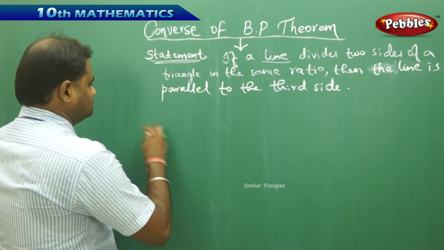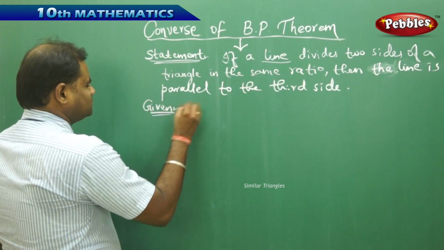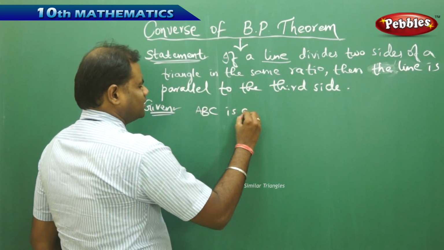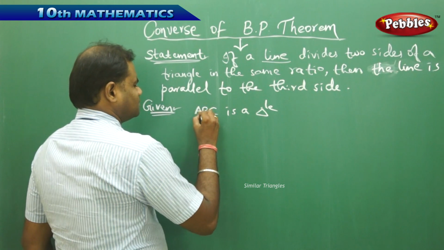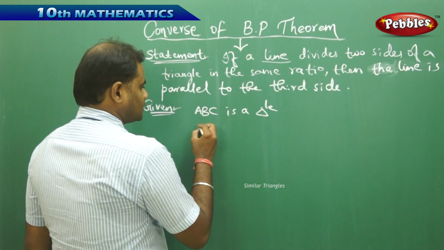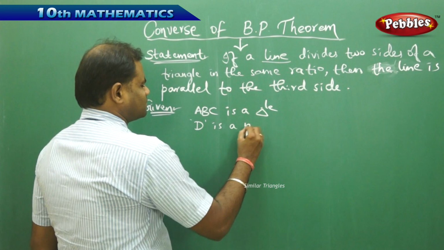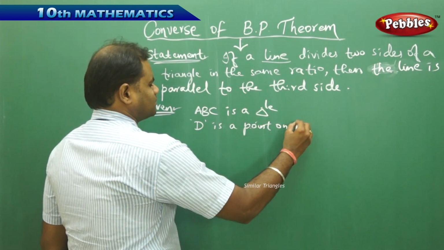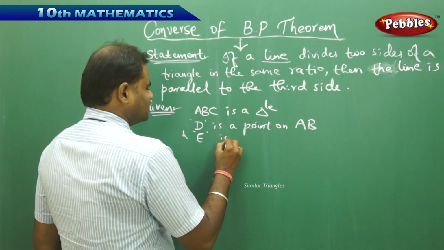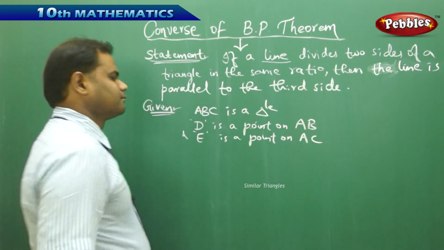Now in this case, the first thing is the given. Initially it is given that ABC is a triangle. Now in this case, I have D, a point on AB, and E, a point on AC.